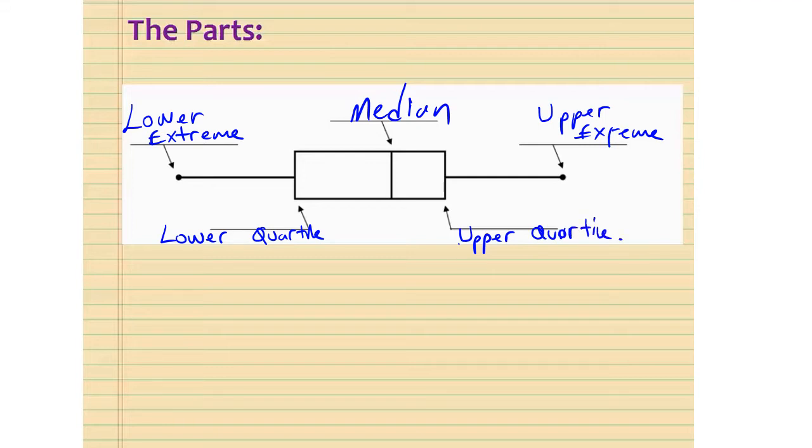Because the median is located exactly at the middle of the data set, all the data up to median and above the median is going to be split into 50% and another 50%.